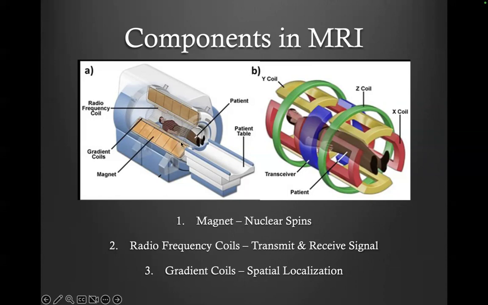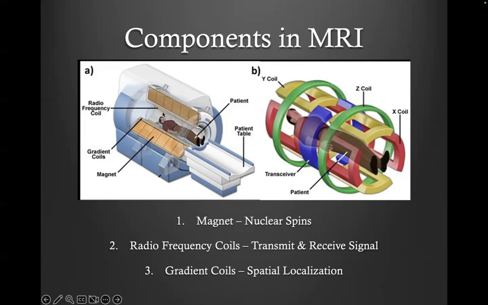The excitation pulses that produce MRI signal are radio frequency, so in order to excite the protons within your body, you need coils tuned to that frequency. These radio frequency coils are used for transmitting as well as receiving MRI signals.